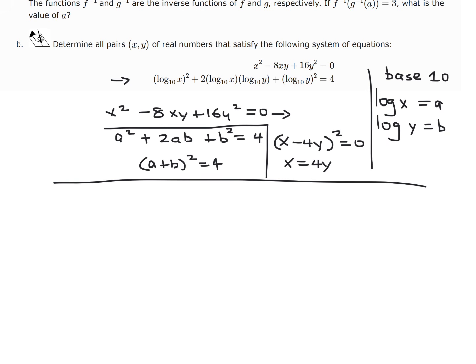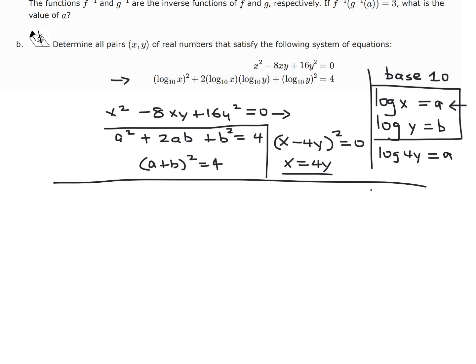Okay, so let's see here. Where are we going? What's the first step? I think this is very helpful if we use it in coordination with that. Since x is equal to 4y, the first one would be log of 4y equal to a. Correct?